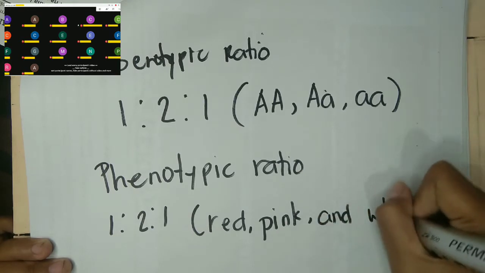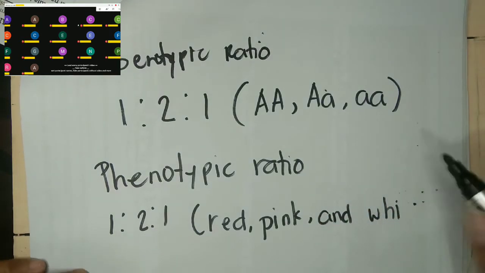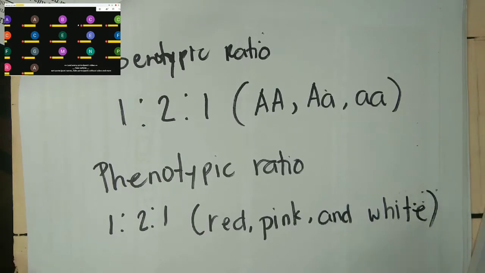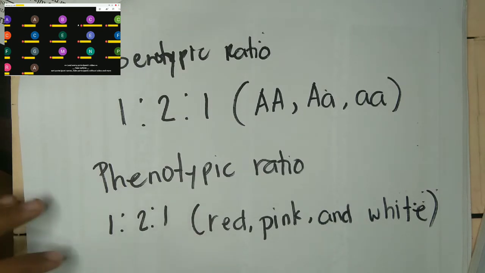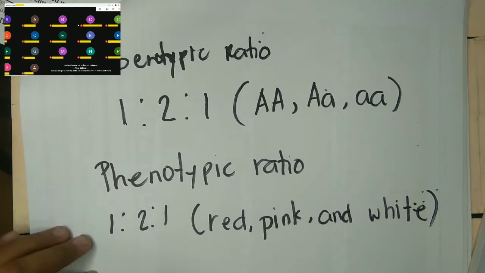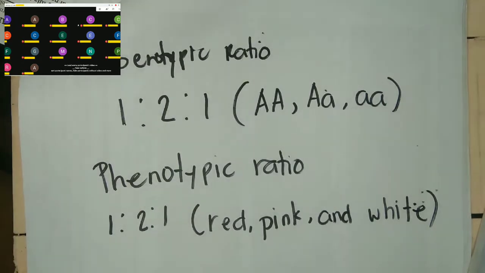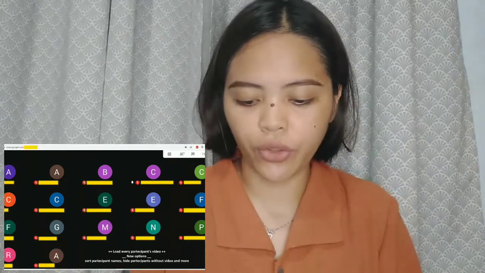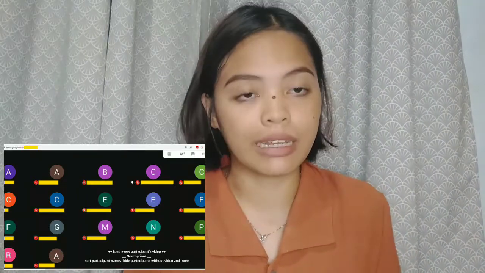So 1:2:1. The same in the genotypic ratio. We have the result of red, pink, and white. Okay, understand? Does everyone follow? Okay, no questions? Clarifications? Okay, so no questions for the law of incomplete dominance.